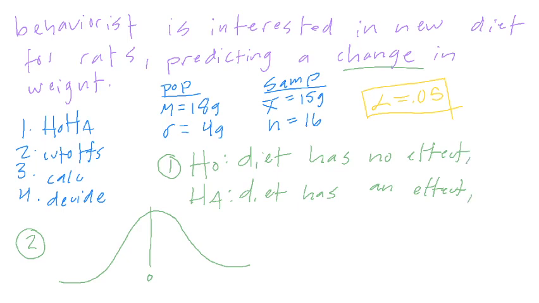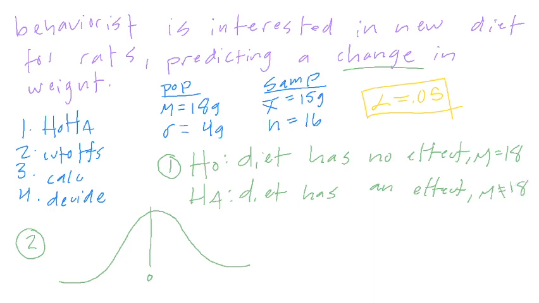Remember that we're ultimately making a prediction about if our sample fits into the population, okay? So does our sample fit into this population, where the rats equal 18 grams, or do we belong to an entirely different group where the rats do not weigh 18 grams?